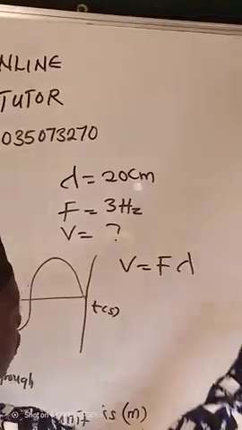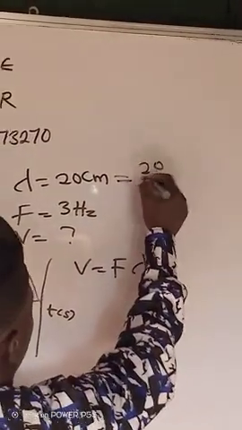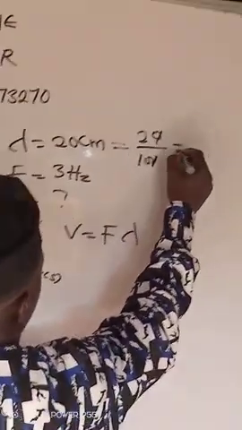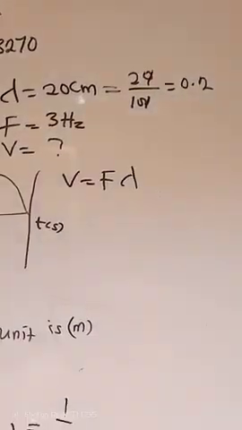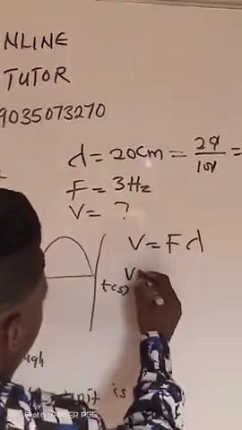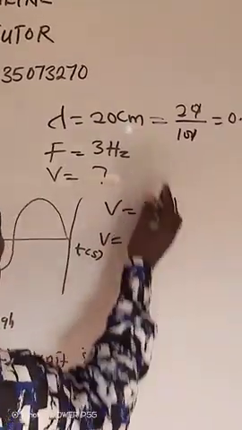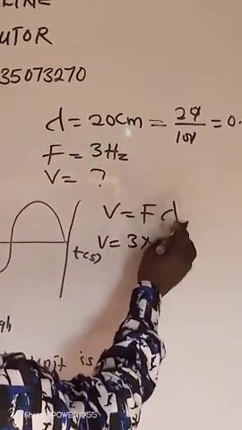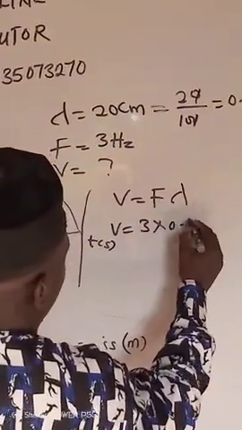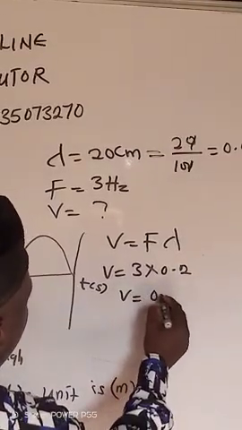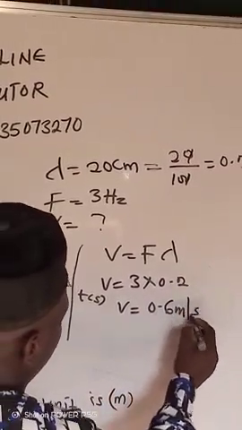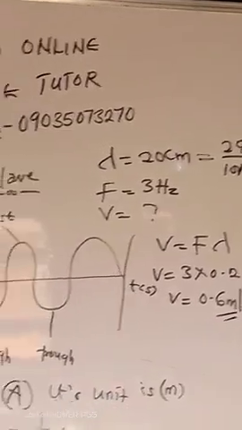We divide it by 100. 20 divided by 100 is 0.2. Now, velocity is equal to our frequency 3 multiplied by our wavelength 0.2. Velocity is equal to 0.6 meter per second.